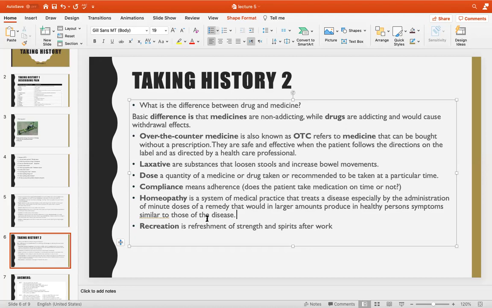So, homeopathy depends on giving the patient a small amount in order to be healed. If these amounts are large, the patient will have the symptoms that are similar to the disease.